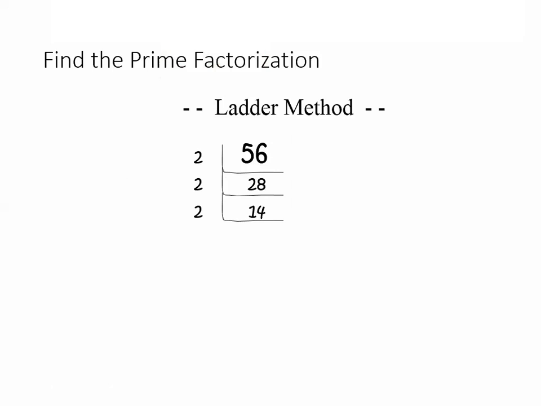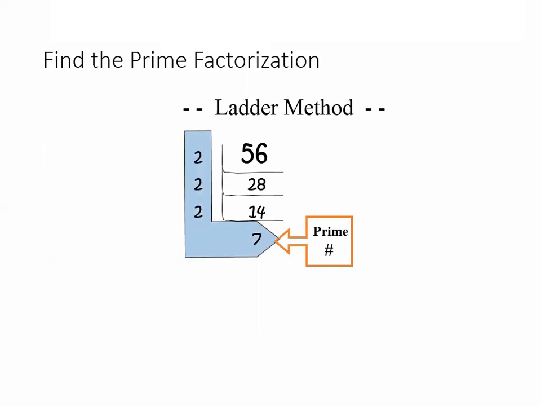We have another composite number, 14. Then we can take 2 again: 2 7s are 14. In the last we have 7, which is a prime number. Then we can form the prime factors. What are the prime factors?